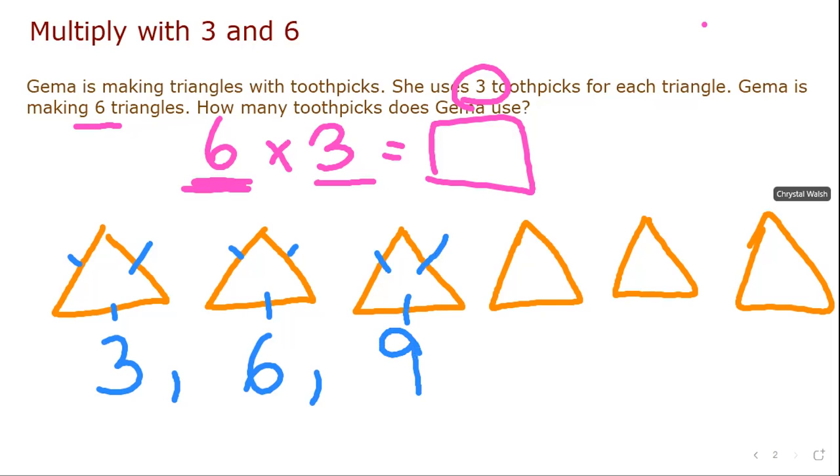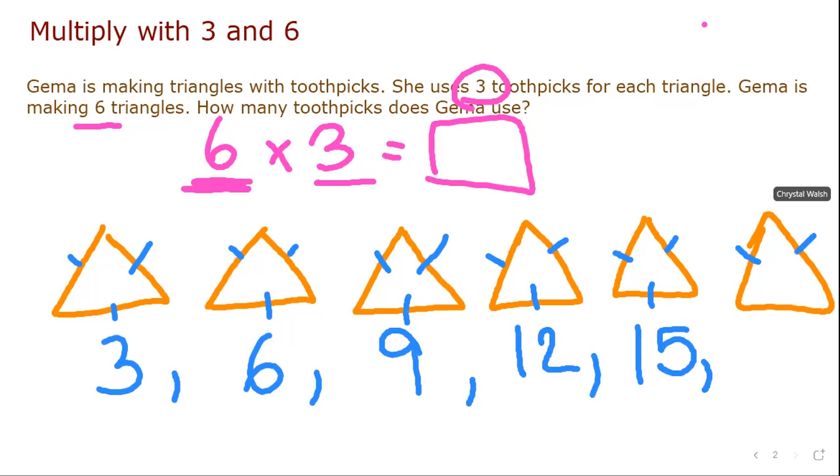So 3, 6, 9, 10, 11, 12, 13, 14, 15. How many do we have altogether? What is 6 times 3? Next number in my pattern.